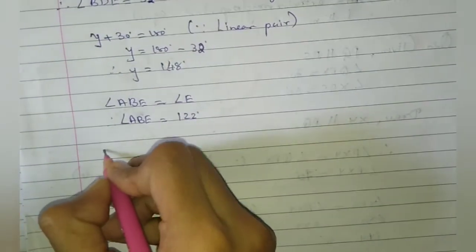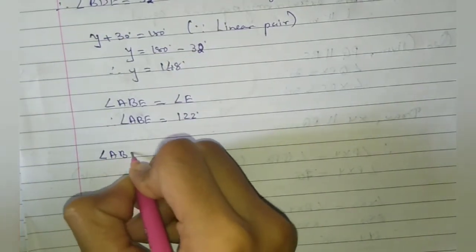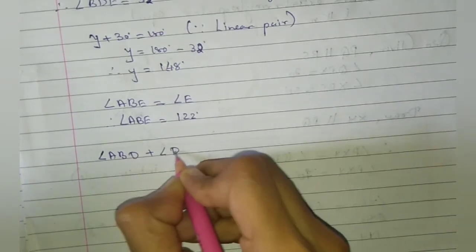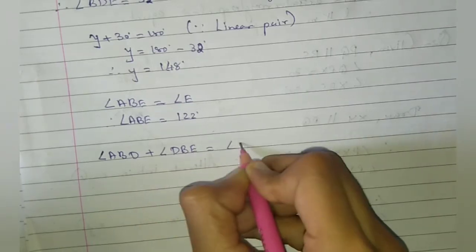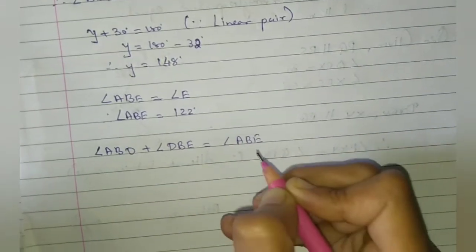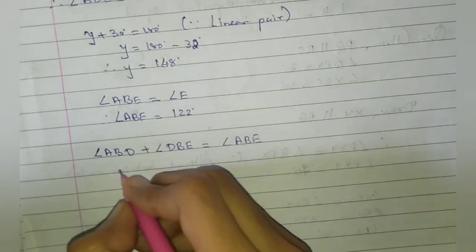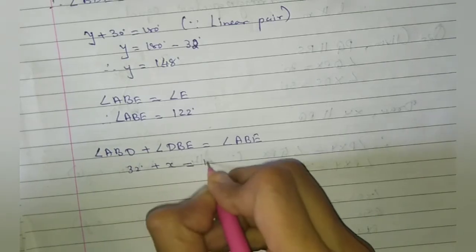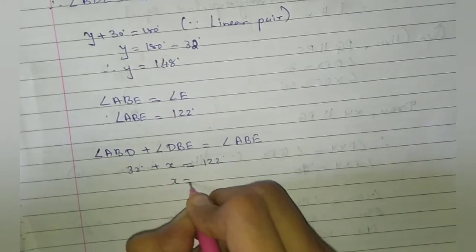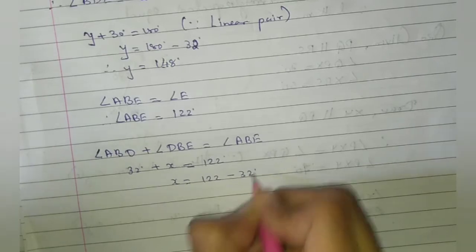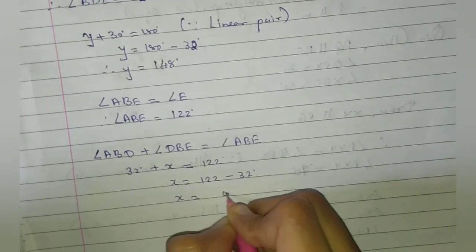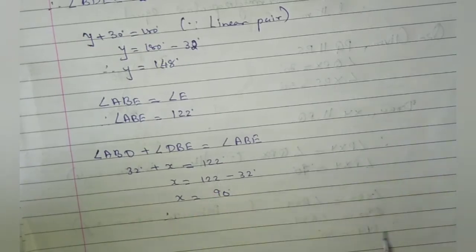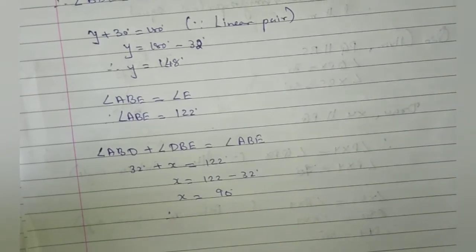See, angle ABD plus angle DBE equal to angle ABE, if you want to write the angle. Now ABD is 32, this is x, equal to 122. So x equal to 122 minus 32 degree. So x is 90 degree.